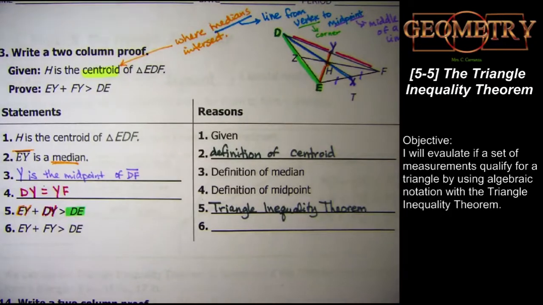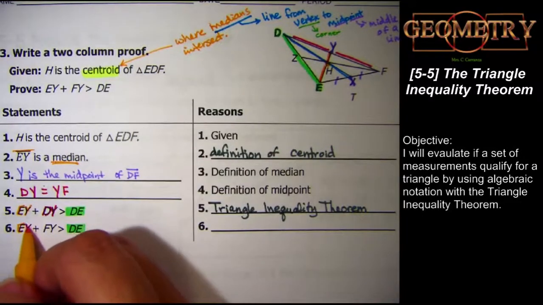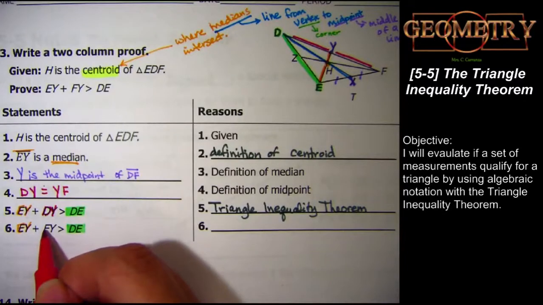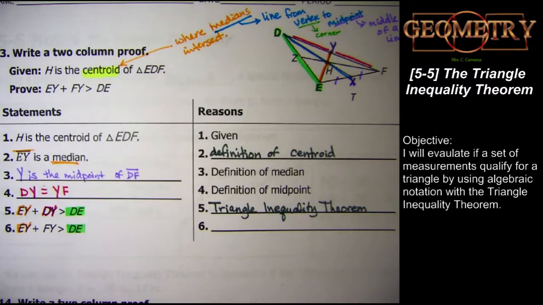One more time? Oh, I like that you're looking forward. Number 6 looks exactly like number 5, doesn't it? It really does look. The DE is the same. The EY is the same. It's FY instead of DY. But look at statement number 4. Statement number 4 said that they were equal.